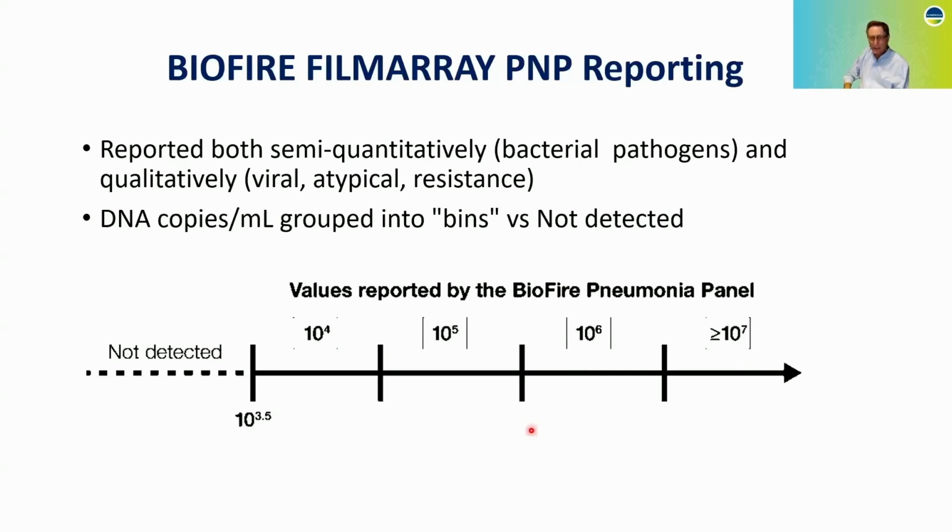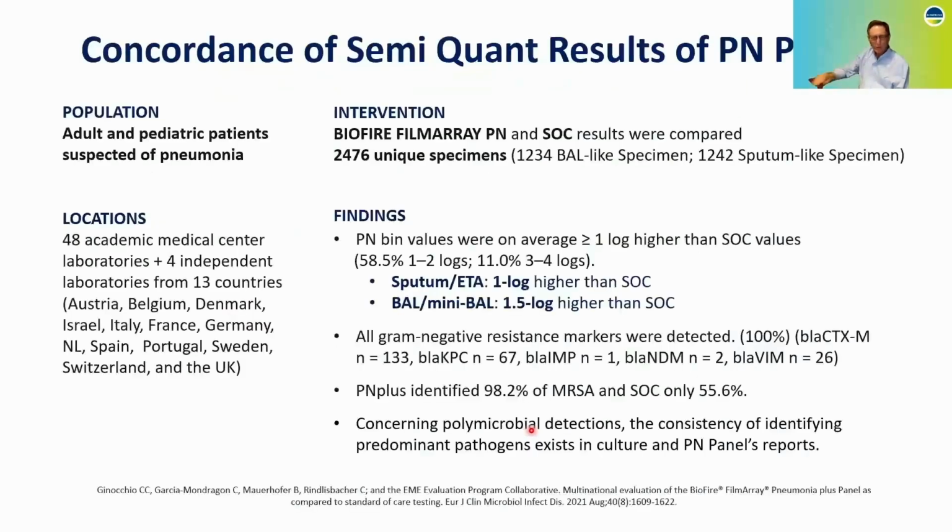So how do we correlate that in terms of which are pathogens and which are not? This one study helps us a little bit. This is both adult and pediatrics, a fairly sizable study, with 48 academic medical centers. They were looking at standard of care results, BAL and sputum specimens, comparing them to molecular, looking at these bin values.